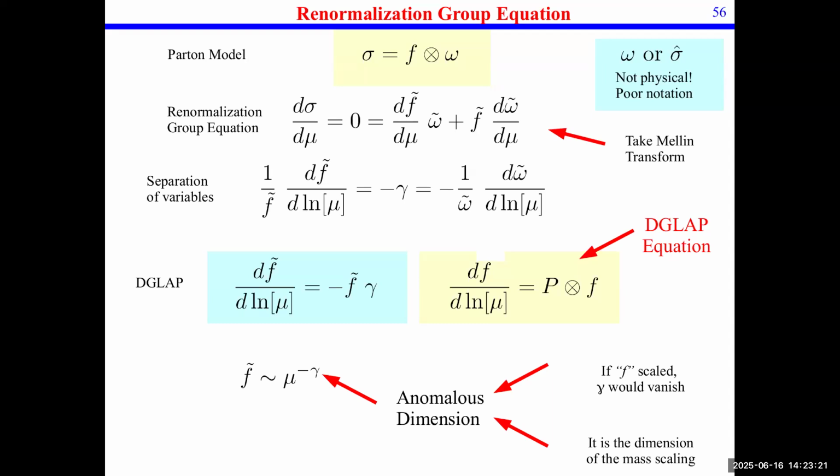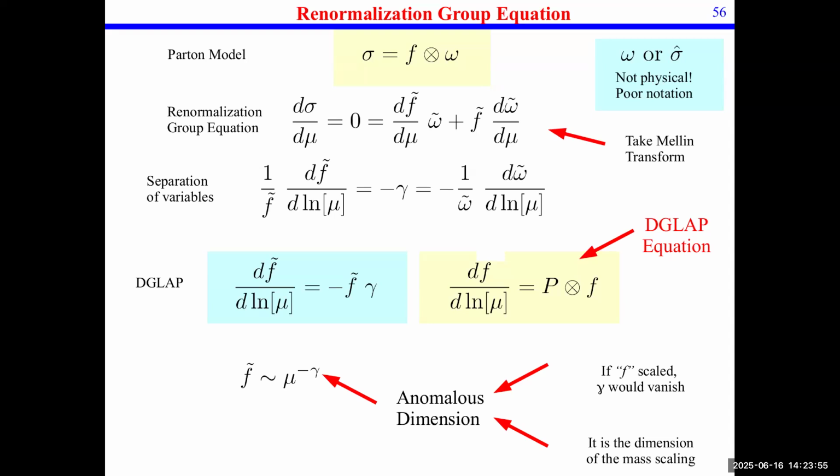And so what I'm going to do is invoke the renormalization group equation. That's a mouthful, but basically all it means is that the experimental cross-section does not depend on how I divide it up. I chop F and omega, I cut that in half with some mu scale, but the physical result does not depend on that. So I'm going to apply the chain rule, and small detail, I've taken the Mellin transform to get rid of the convolution, hence the tildes, but we'll let that slide.